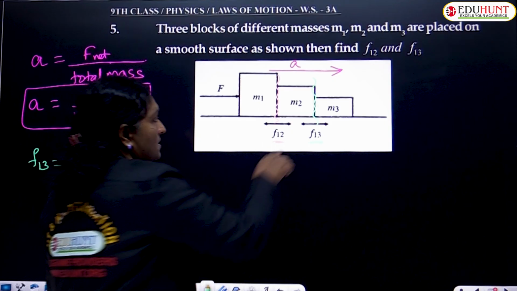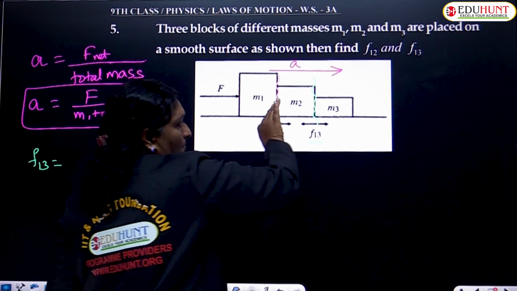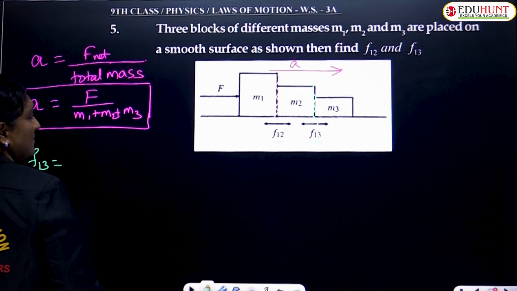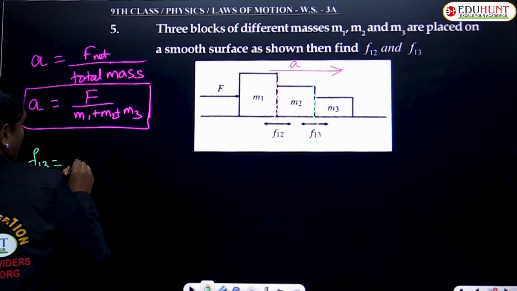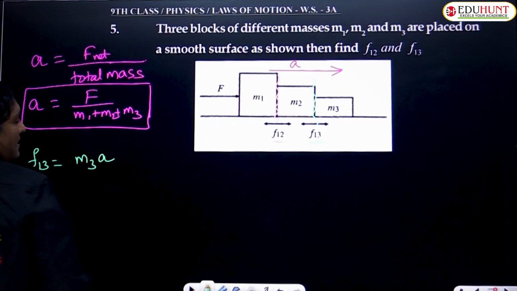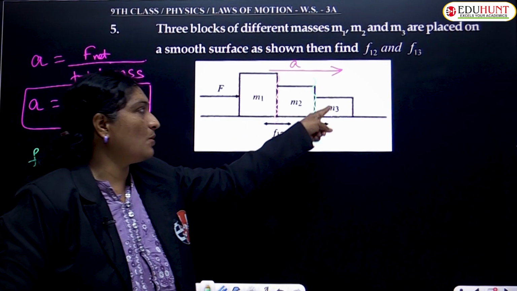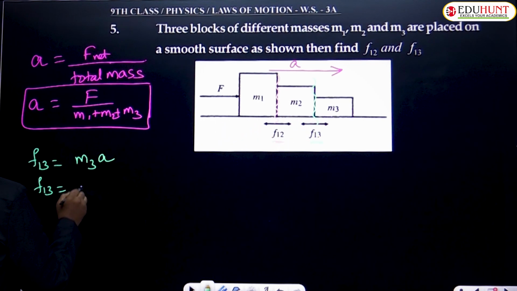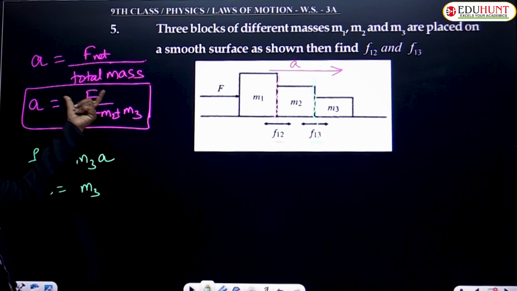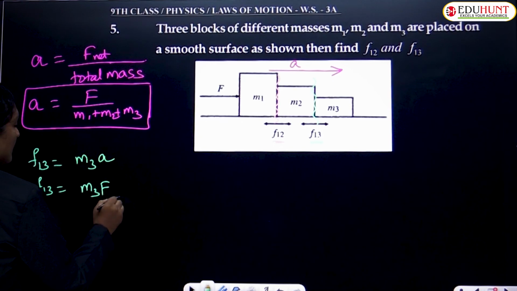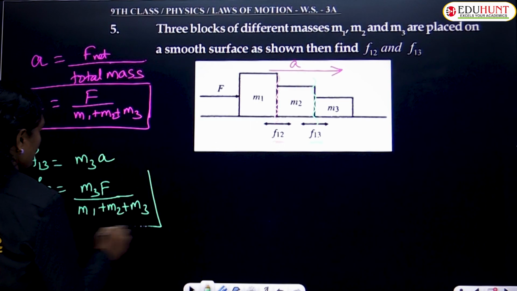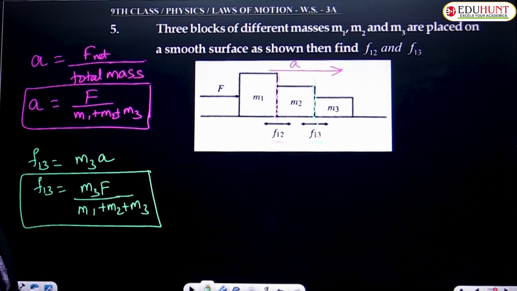This contact force F13 pushes M3 towards the right. So from the figure, F13 must equal mass times acceleration, and only this block is being pushed, so M3 times A. The value of A is taken from the above equation as F by M1 plus M2 plus M3. So F13 is M3 F by M1 plus M2 plus M3.